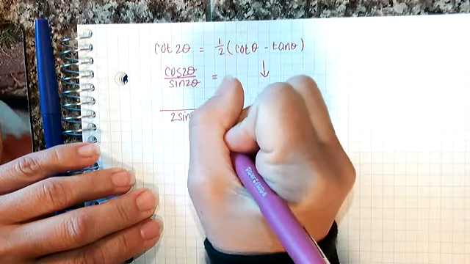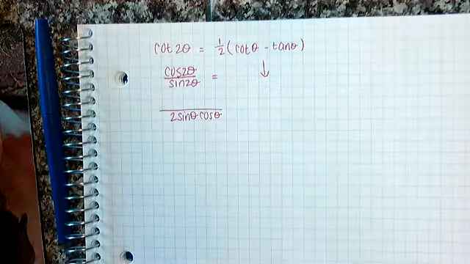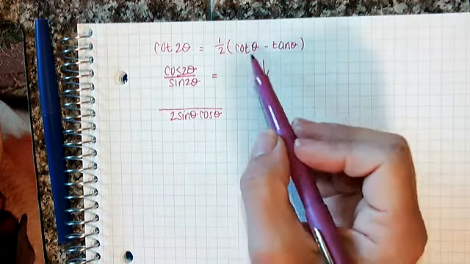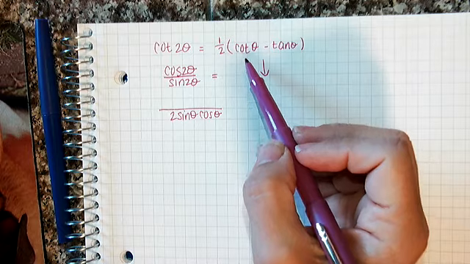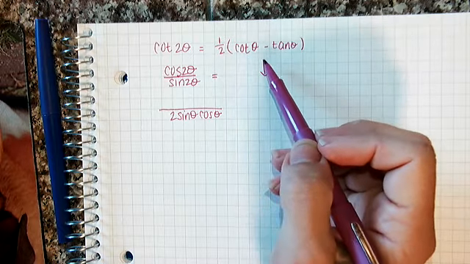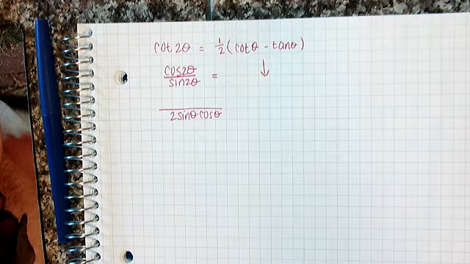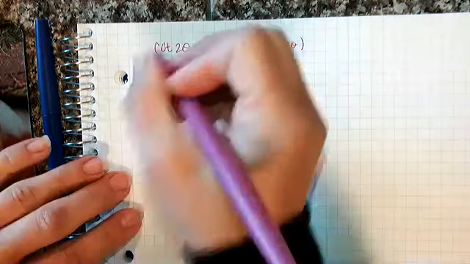Sometimes having too many choices is not a good thing. I'm looking ahead and I want cotangent minus tangent. I'm going to go with cosine squared minus sine squared.